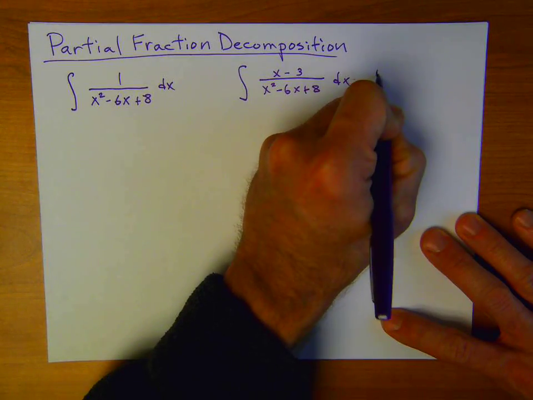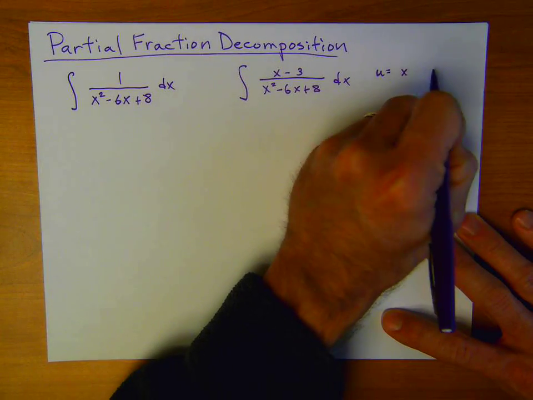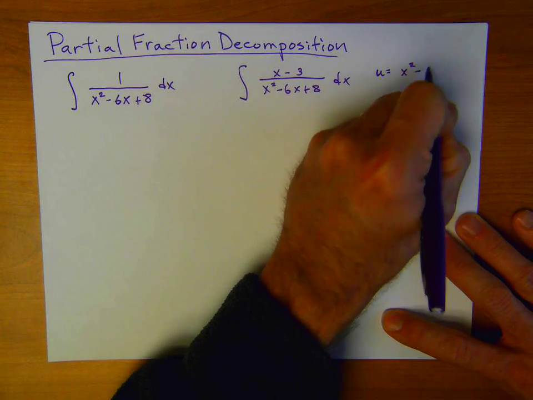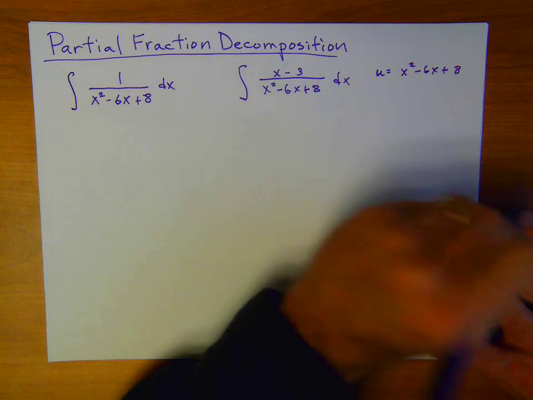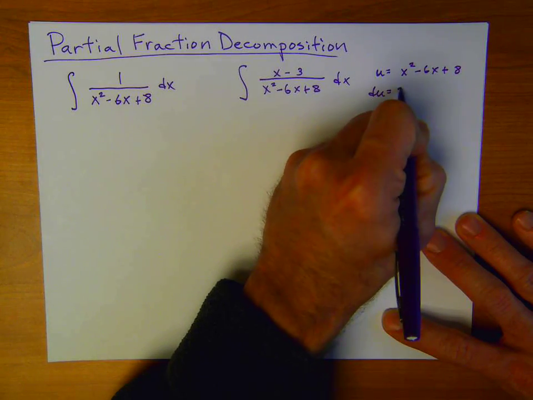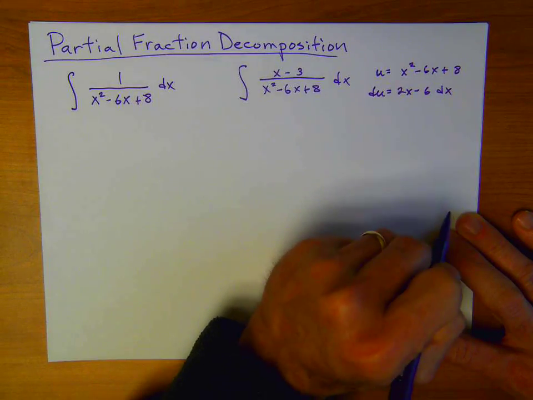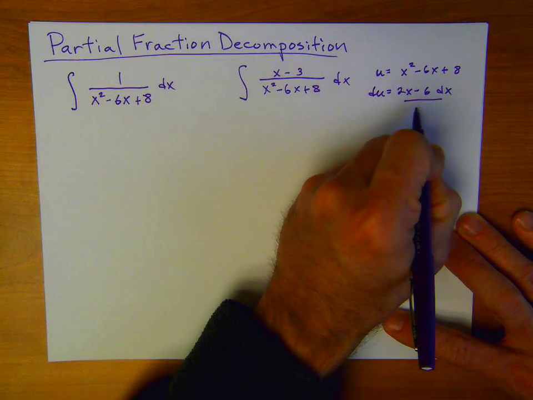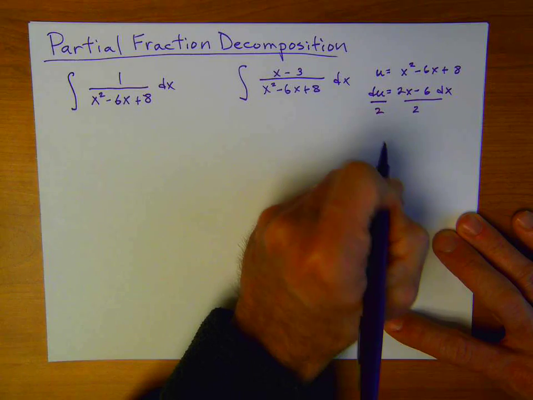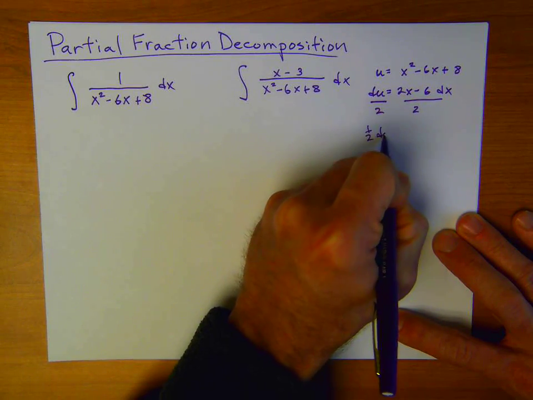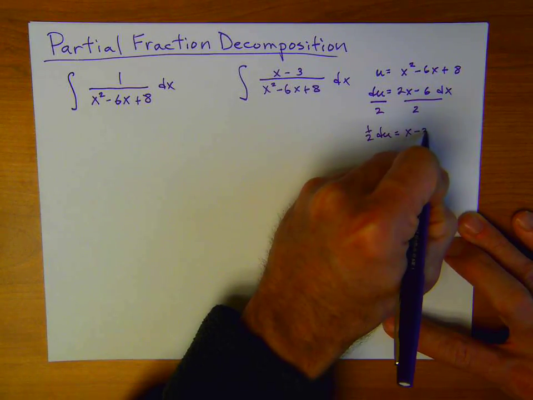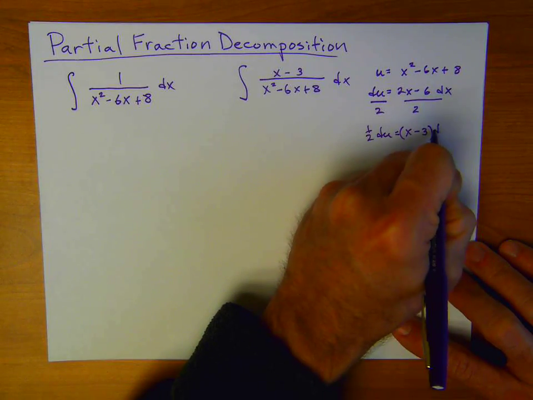For example, we could let u equal x squared minus 6x plus 8. Then du would be 2x minus 6 dx, and if we divide both sides by 2, we get 1/2 du equals x minus 3 dx.